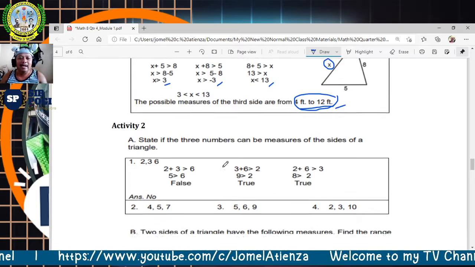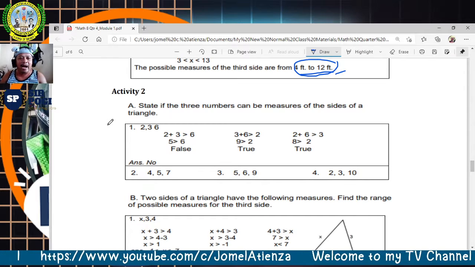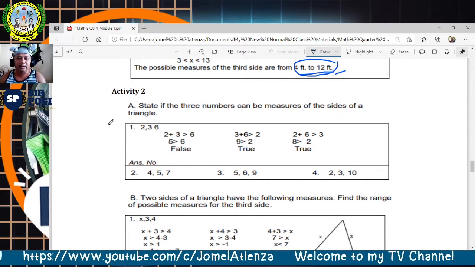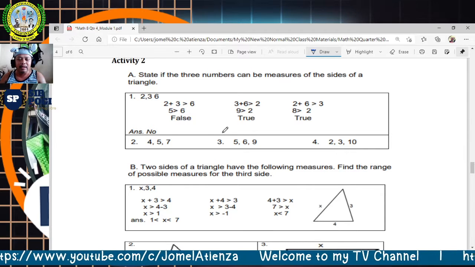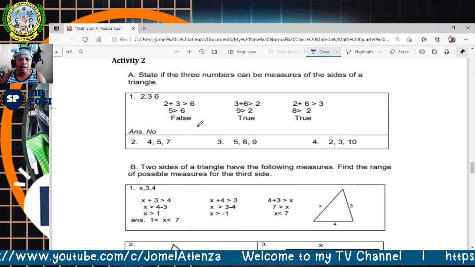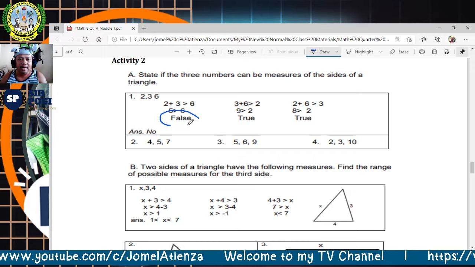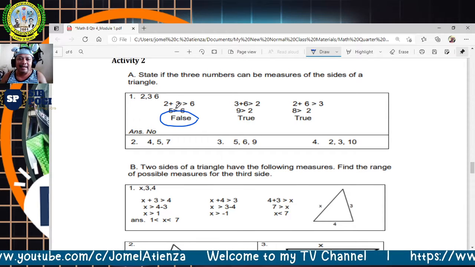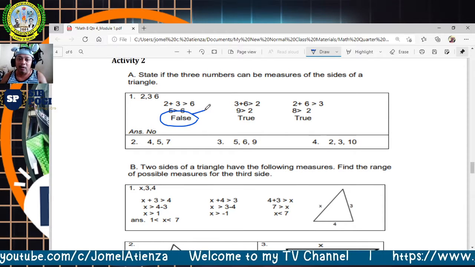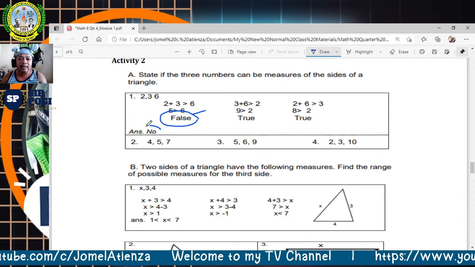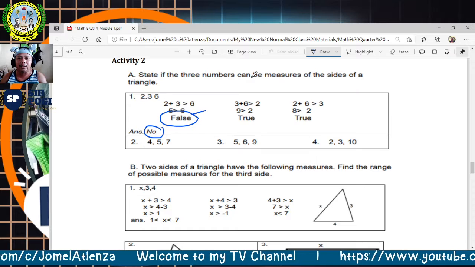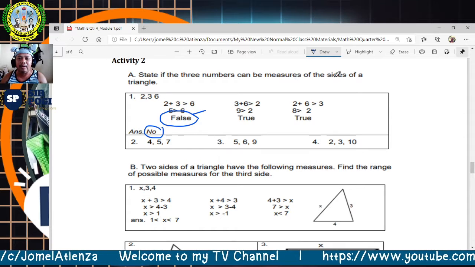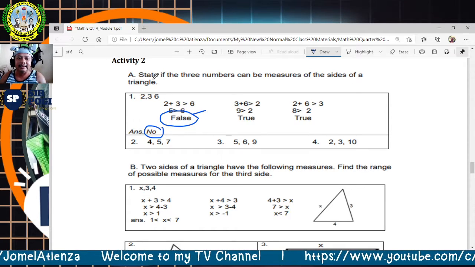Okay? So, this is your activity number 2 for this week. So, we have number 1 here. So, given na po yung sagot. So, since that is false, kasi x is greater than 6, and that is false. So, therefore, the answer is no. So, what we're going to do is take if the three numbers can be measures of the sides of a triangle.